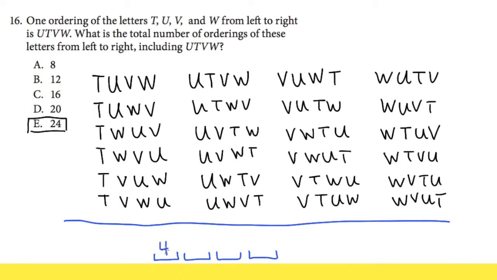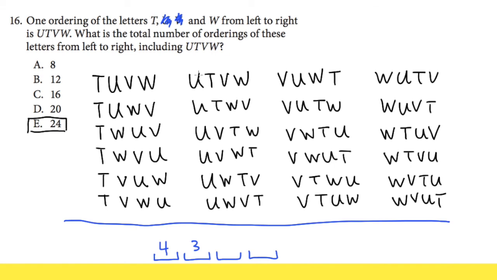But then, after you chose one letter, how many more letters do we have for the second space? Well, let's say the first one I chose already, so that's out. I have only 3 more left, so I have 3 right here, right? And then how many more letters can we have for the third space? Well, let's say I picked U earlier.